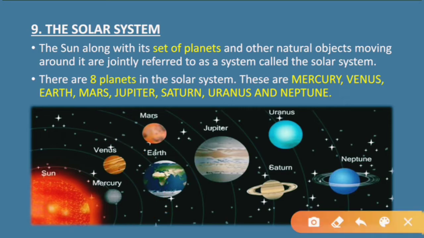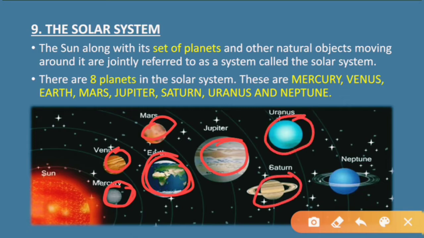The first is, they rotate in their own place, like this will rotate in its place, Mercury will rotate in its place, Venus will rotate in its place, Mars will rotate in its place. Likewise, all the planets are going to rotate in their place, plus they are going to revolve around the sun also.